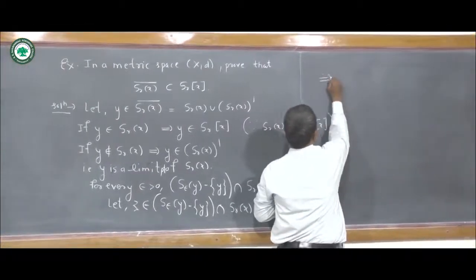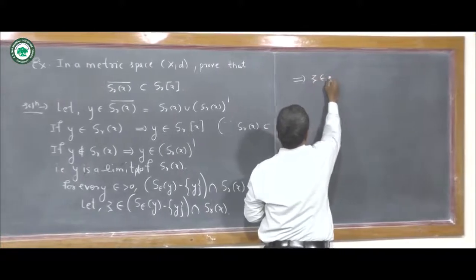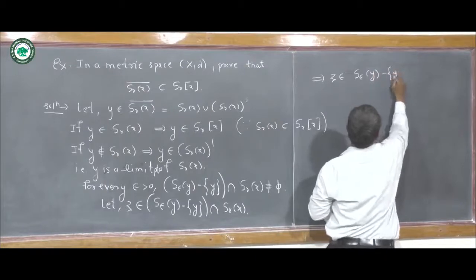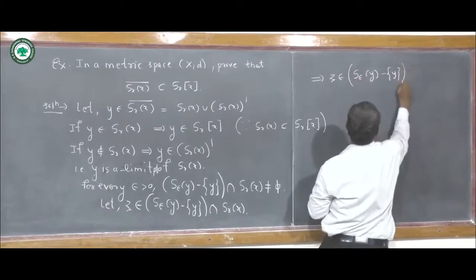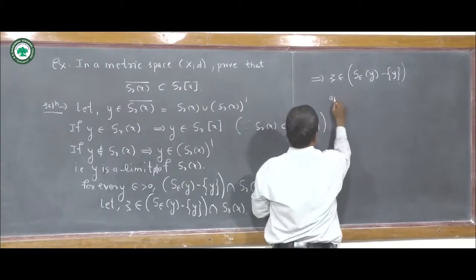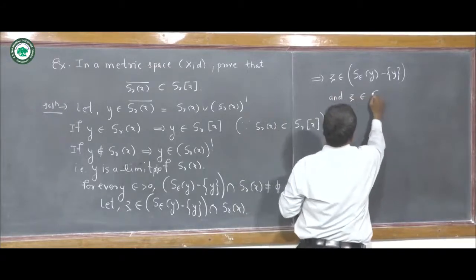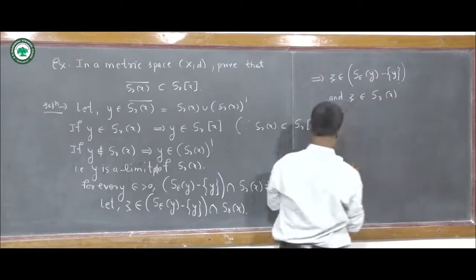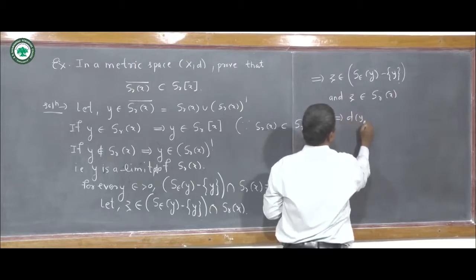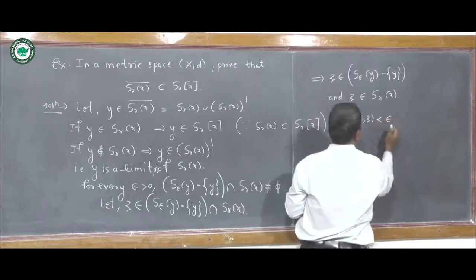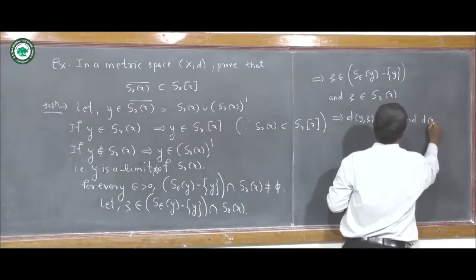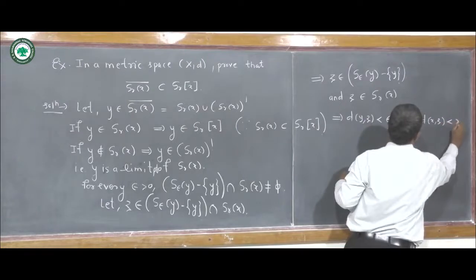So this implies that z belongs to the open sphere whose center y is deleted, and z belongs to the open sphere S_r(x). So this implies that the distance between y and z is less than epsilon, and the distance between x and z is strictly less than r.